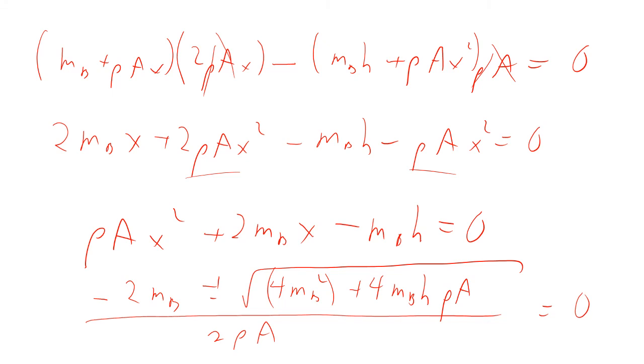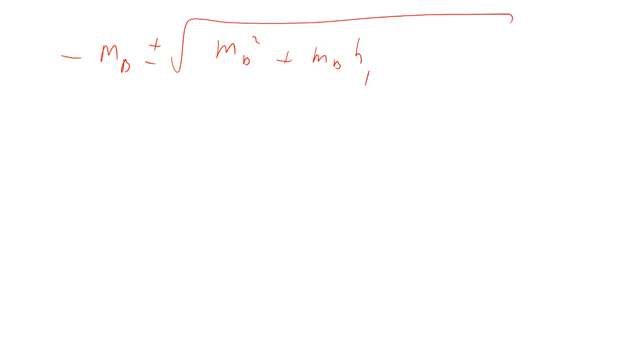Looking at that, we can factor out the 4 and those 2's all cancel each other. And so what we have is minus m_b plus or minus the square root of m_b squared plus m_b h rho a, divided by rho a, equals x.